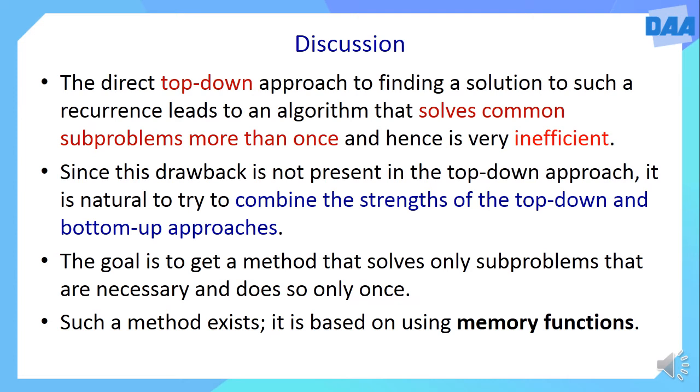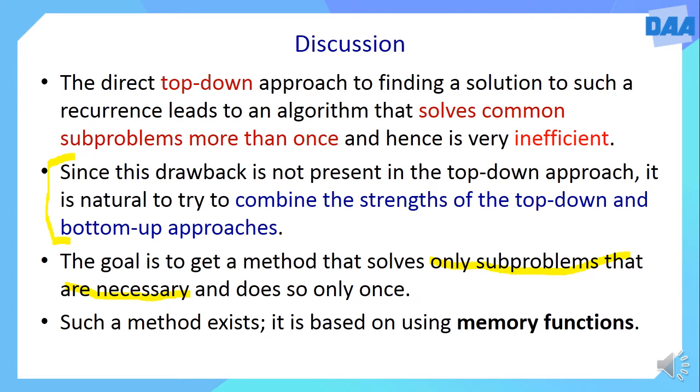So one alternate approach that we can propose is by taking advantage of both the top down as well as the bottom up approach. We combine the strengths of both. So we design one such method that solves only the subproblems that are necessary. In the bottom up approach, we are solving all the subproblems. In the top down approach, only the necessary subproblems are solved, but in some cases solved many times.